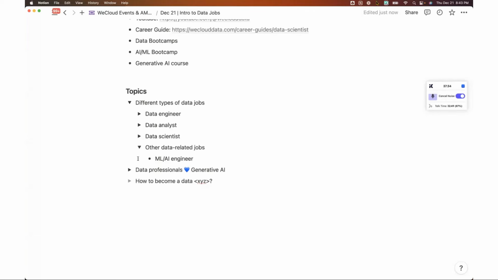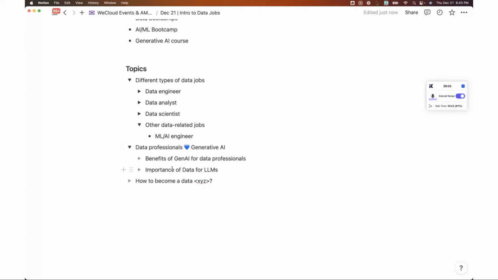That requires engineering skills and MLOps skills as well. And working with large language models in production, you need to understand how to work with different types of GPUs. So a lot of software engineering skills are involved as well. I put that under data related jobs, because data is so essential for the success of any kind of AI project.